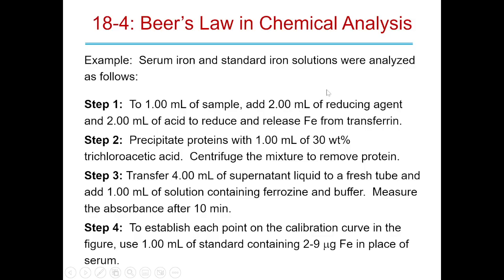So for the lab that we just did using the iron, we made 4 standards, and then the one unknown, and we measured the unknown in comparison to the standards. So the standards will make your Beer's law curve, and you're going to calculate an R squared, and that will give you an error for that curve.